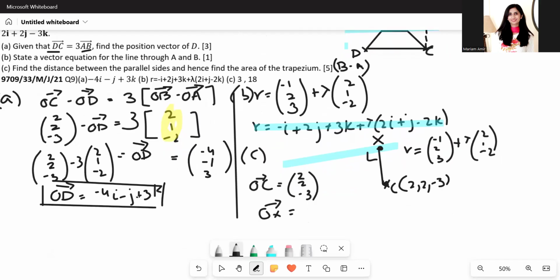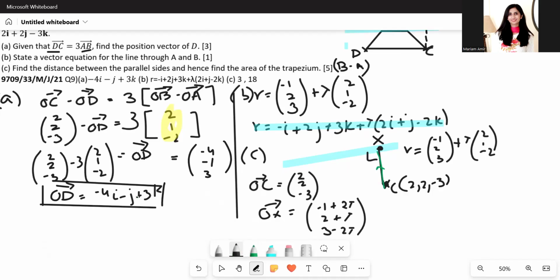Then we need the position vector of X, the foot of perpendicular. Since it lies on the vector line, it will have the same position vector as the vector line, which is (-1 plus 2 lambda, 2 plus lambda, 3 minus 2 lambda). From these two, we find the vector CX.